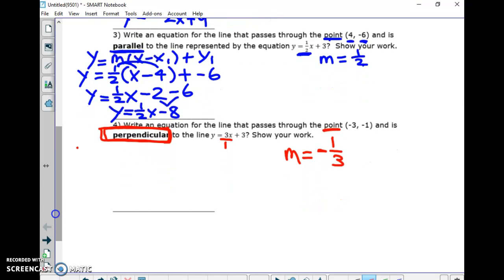Here we go. So y equals, my m we just said is negative 1 over 3. And then parentheses x minus, my x value is negative 3. Parentheses plus my y value, negative 1.